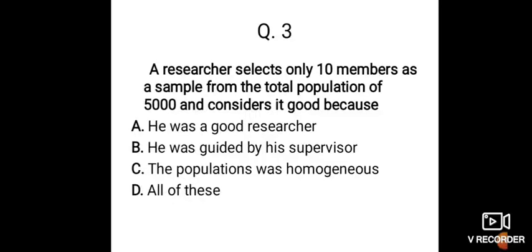A researcher selects only 10 members as a sample from the total population of 5,000 and considers it good because: option A, he was a good researcher. Option B, he was guided by his supervisor. Option C, the population was homogeneous. Option D, all of these. This is somewhat technical.